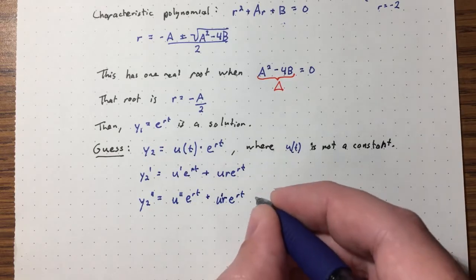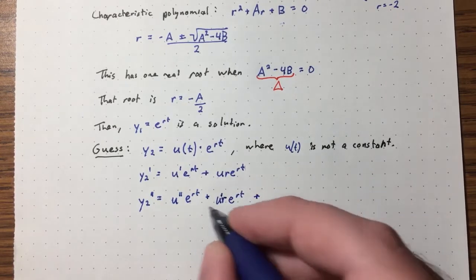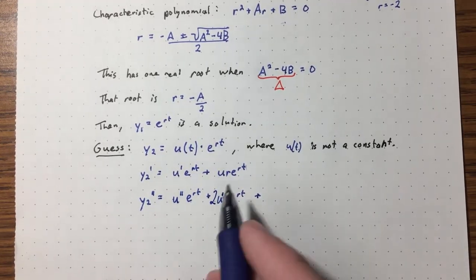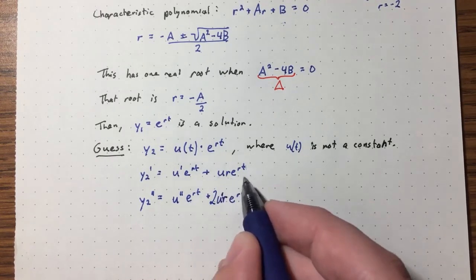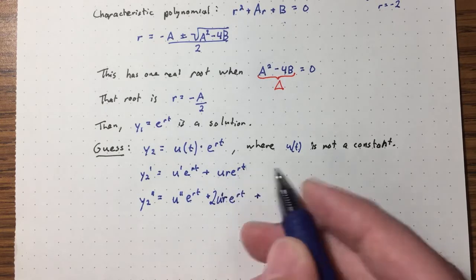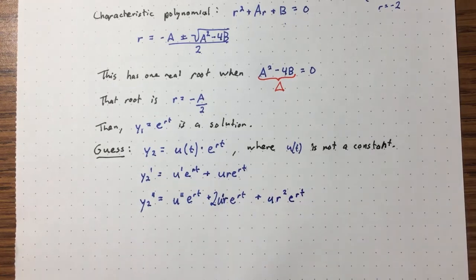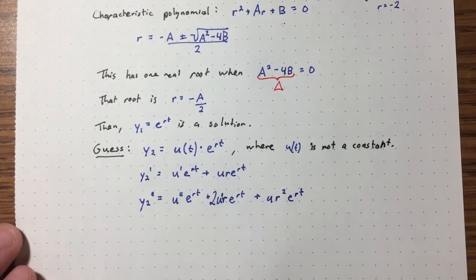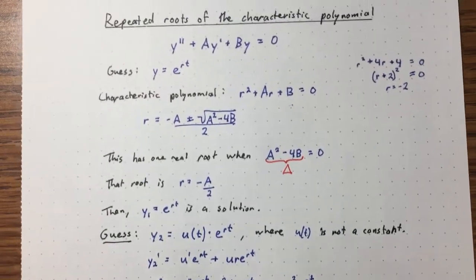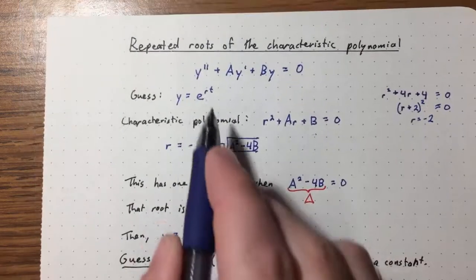Here we get another u prime r e to the rt, so let's put a 2 there, since we get this same term from both. And the other term comes from taking the derivative of this part, so we get u r squared e to the rt. That's using the product rule. Now we're going to plug this into our differential equation. It's going to look kind of complicated. Here's our differential equation. So this is my y double prime.